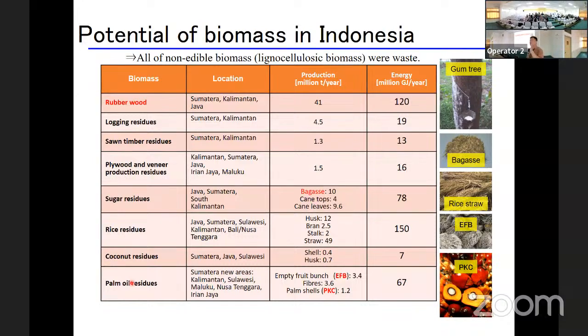In the factories, the farmers already bring the old biomass to the factory. That means there is a biomass collection system. So if we want to use this biomass, we can easily collect all of it in the factories. This is a very good, attractive strategy for the biorefinery. This is one of the reasons.